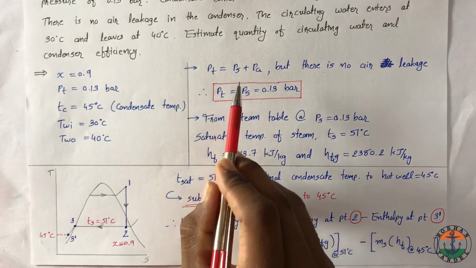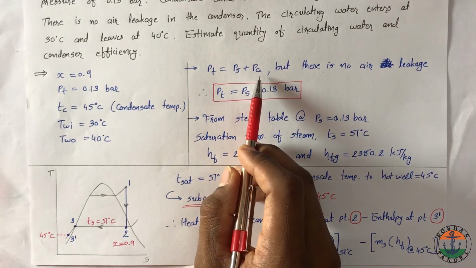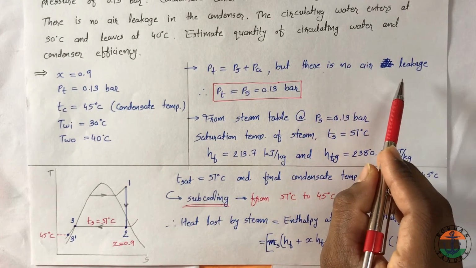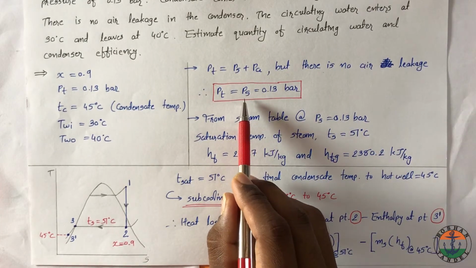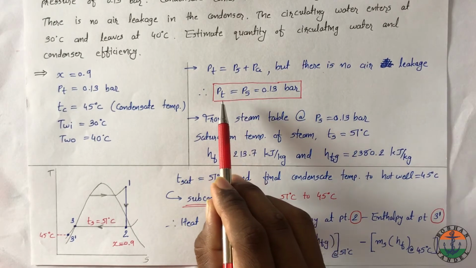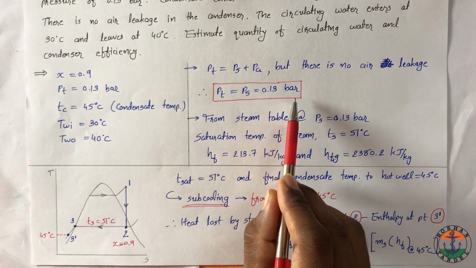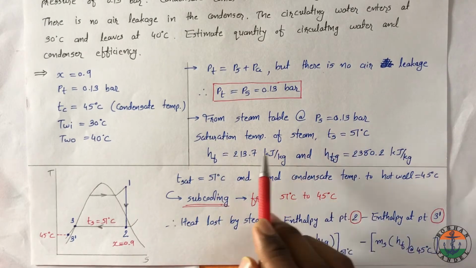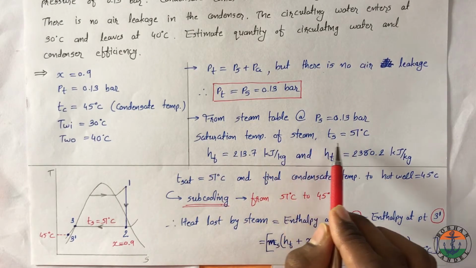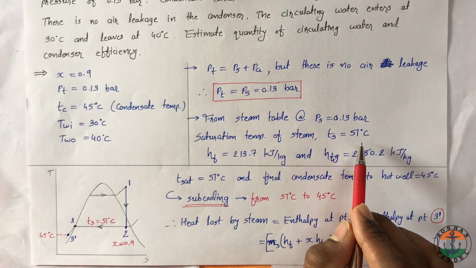Here, total pressure is equal to PS plus PA, but there is no air leakage, so PA will be 0. We will get partial pressure of steam as the total pressure is equal to 0.13 bar. From steam table at 0.13 bar, saturation temperature of steam is 51 degrees Celsius.